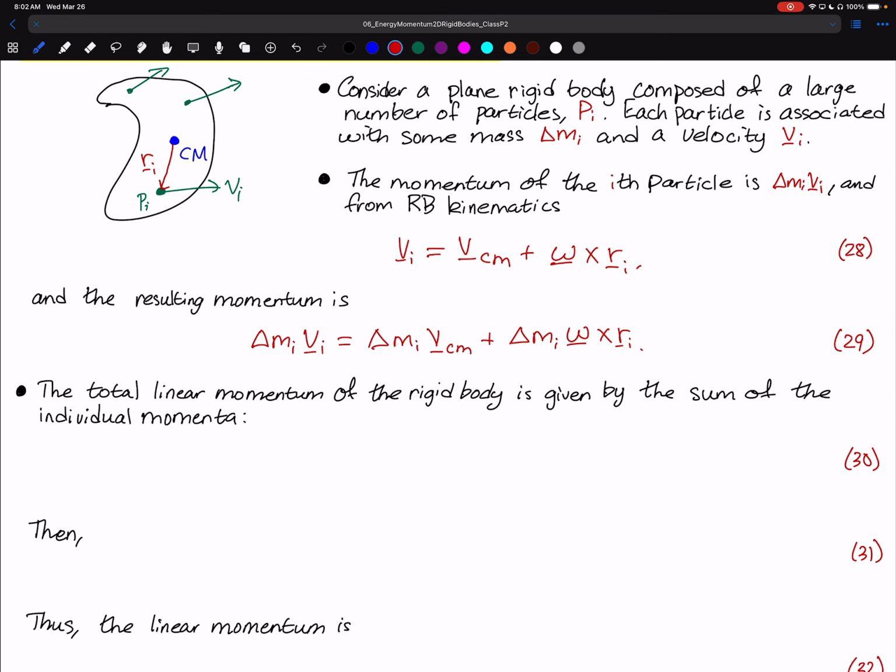And then that's the momentum of a single particle in this rigid body with respect to that center of mass. It is individual particle mass, so it could vary for each particle.